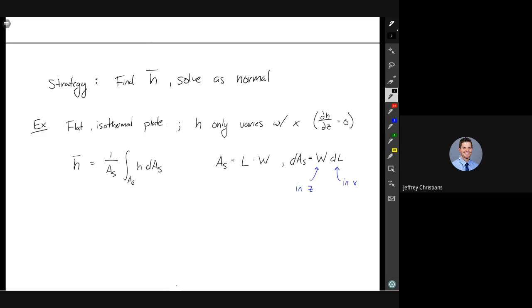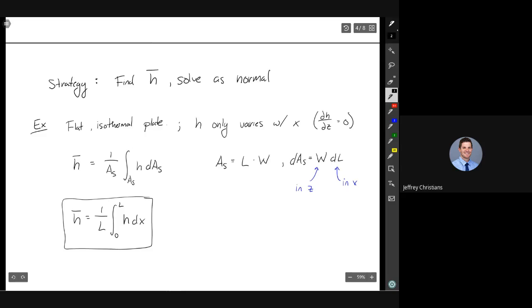So we can rewrite this as h bar equals 1 over L times the integral from 0 to L of h dx. And we'll use this to calculate average convection coefficients for flow over a flat plate.